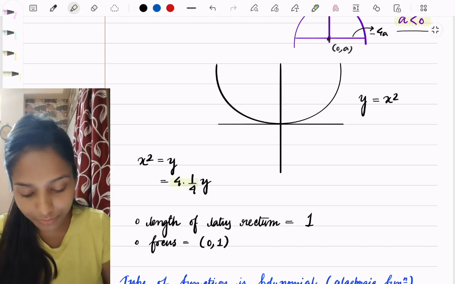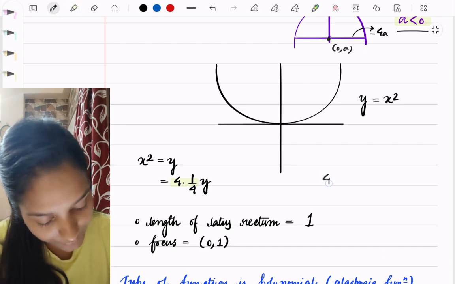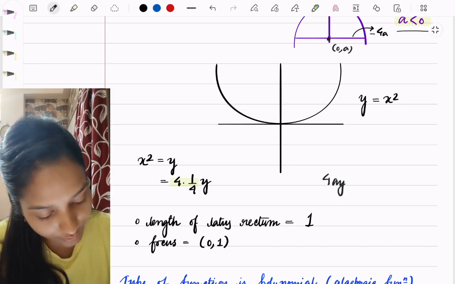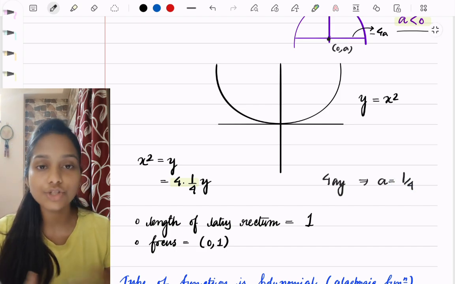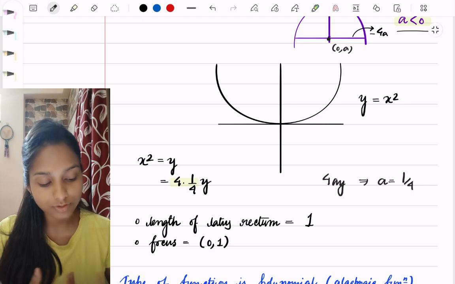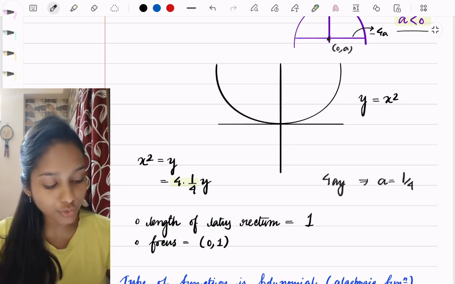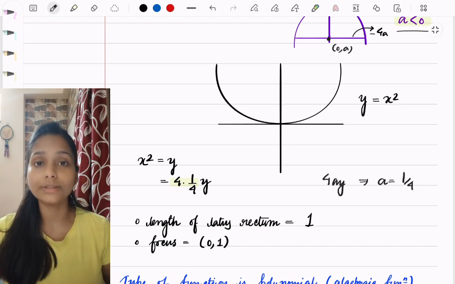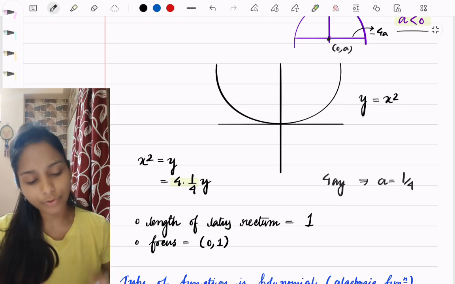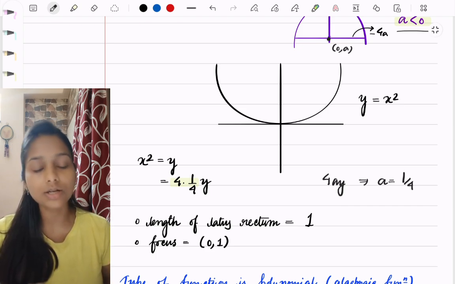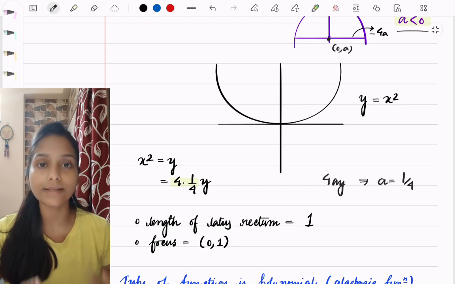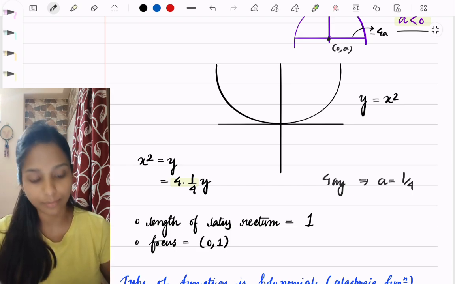If we compare it with 4ay, we will have a equals 1 by 4. x square equals 4ay is the general structure of a parabola. There are many kinds of parabola, but we are only considering x square equals 4ay because we are considering the function y equals x square. So here we have a equals 1 by 4.